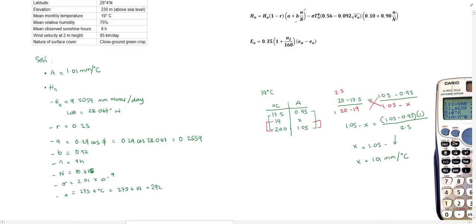And then we need this one, the actual vapor pressure. And our actual vapor pressure can be computed using this formula, that relative humidity is equal to the actual vapor pressure over the saturation water vapor. The relative humidity is naatay given diri, which is 75%, so that would be 0.75.